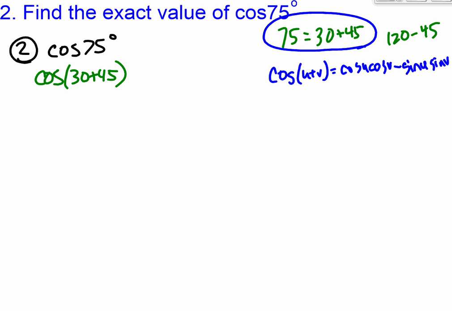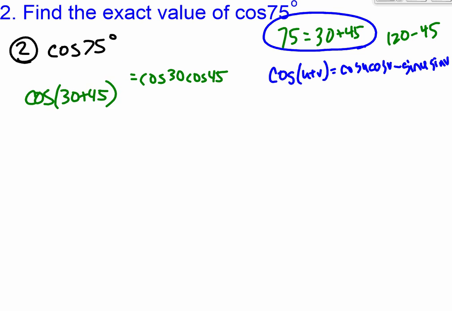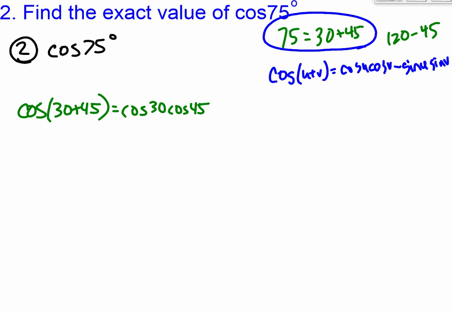And again, if I do 45 plus 30, it all works out in the end to be equivalent answers. And so that is going to be cosine of 30, cosine 45, minus sine 30 sine 45.